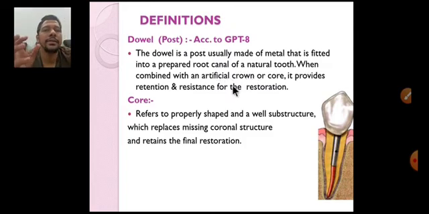When combined with its artificial crown or core, it provides retention and resistance for the restoration. Then we talk about the core now. It refers to a properly shaped and well-formed substructure which replaces missing coronal structure and retains the final restoration over it. The final restoration means the crown.